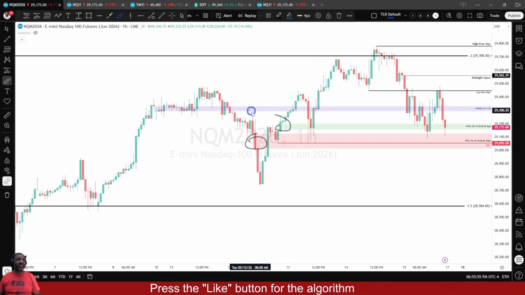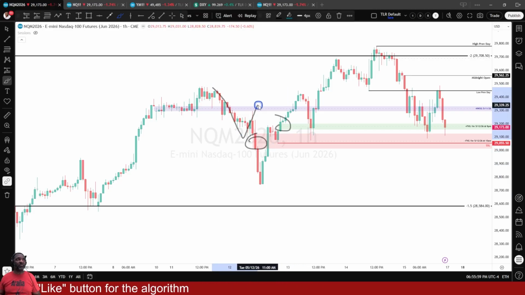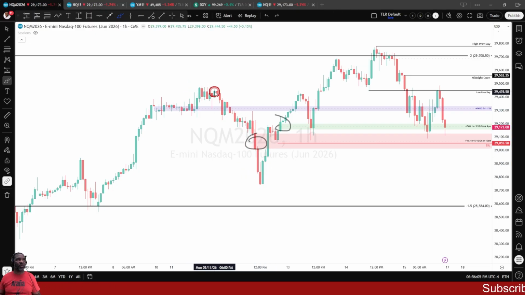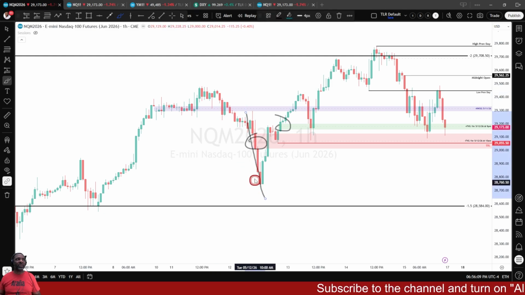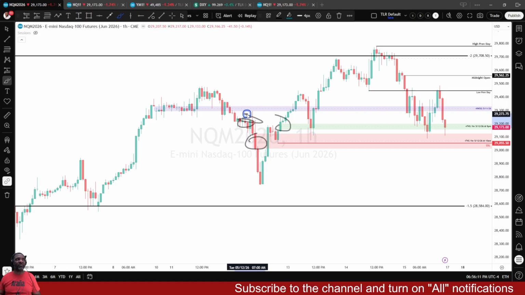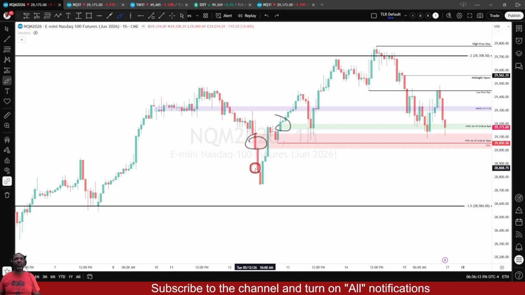So this is the beginning of that Judas swing, because we had a move. Yes, you can argue that's where it started, but we're coming right here. What do you notice about this and this? The amount of displacement. We can see the elephant stepped in the pool right here.